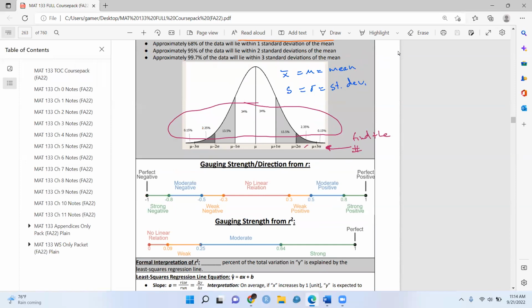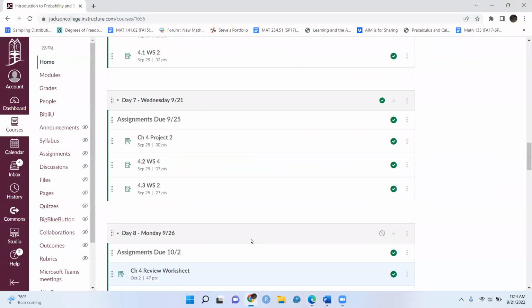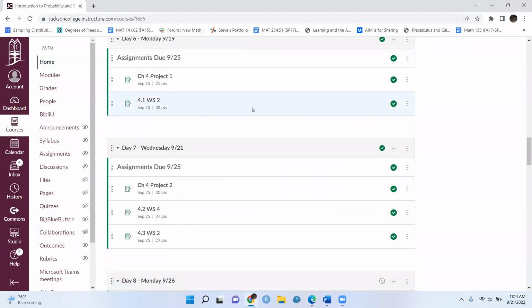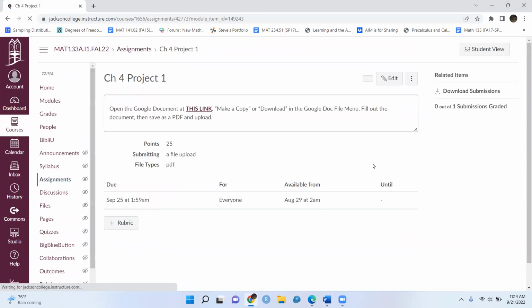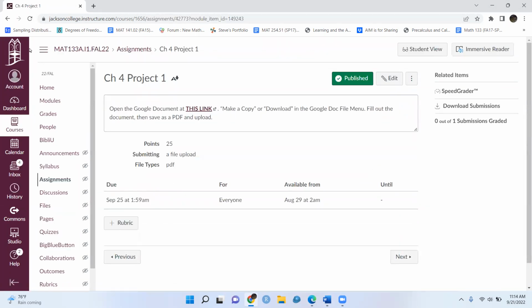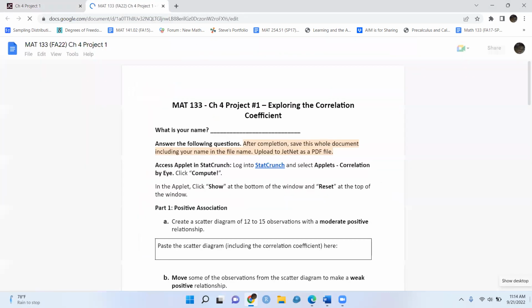And let's do the worksheet we're supposed to turn in to me. And that is 4.1 worksheet 2. No, let's do project 4. Let's start with chapter 4, project 1. So I'll make sure we all get here a second.